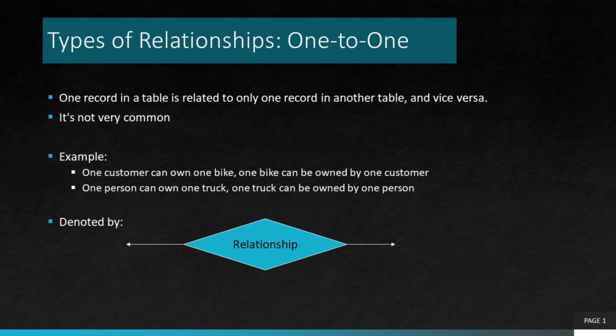So you could also think of a situation where, just for example's sake, one customer can own only one bike. One bike can be owned by one customer. One person can own a truck, and one truck can be owned by one person. Now, both of these are hypothetical scenarios because, as you know, a customer can have multiple cars and multiple bikes.